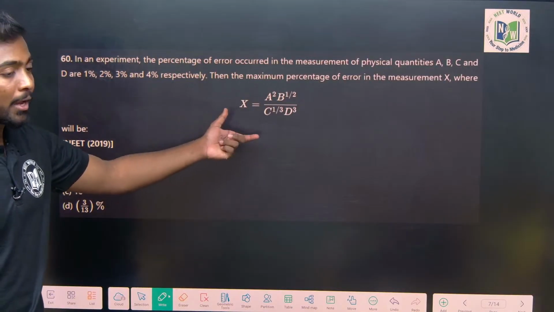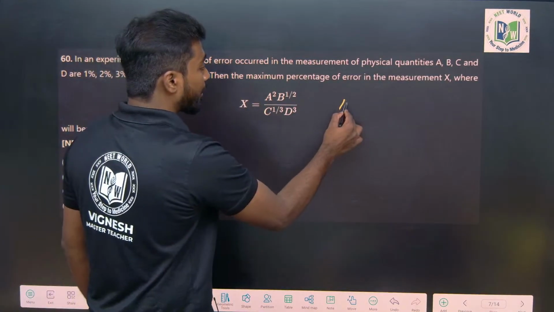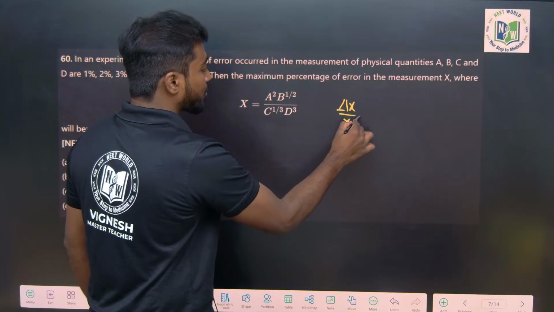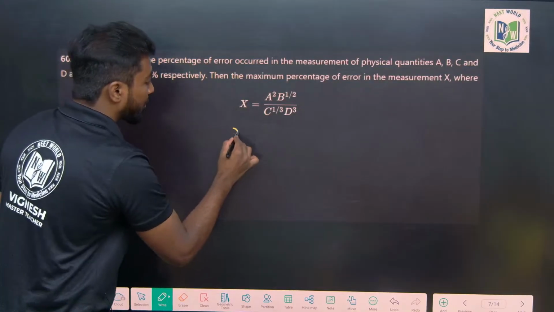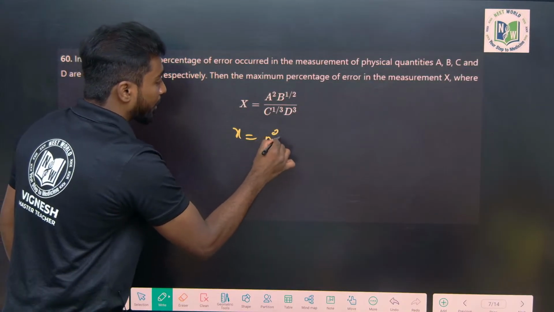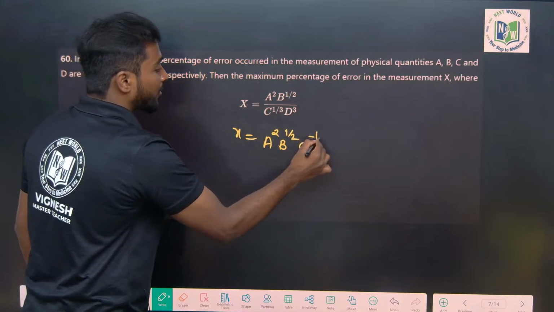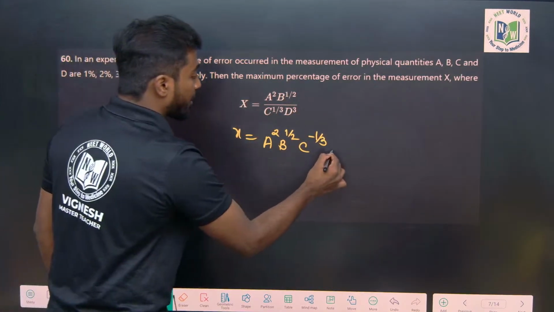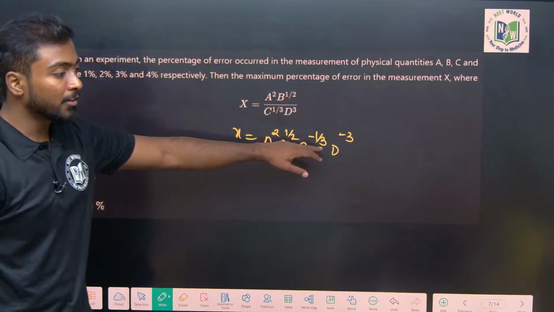Whenever we get these kinds of questions, what should I do? Delta x by x should be equal to, first thing, x equals A square B power 1 by 2 C power minus 1 by 3 D power minus 3. Take everything in the numerator.